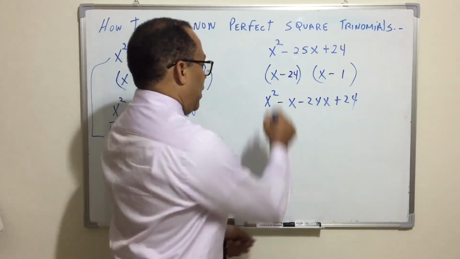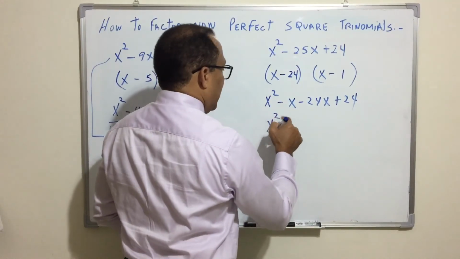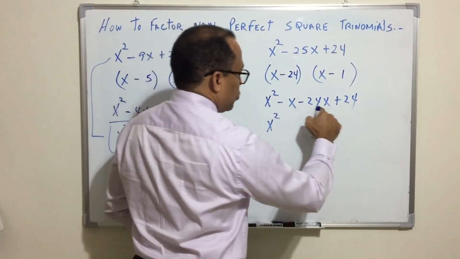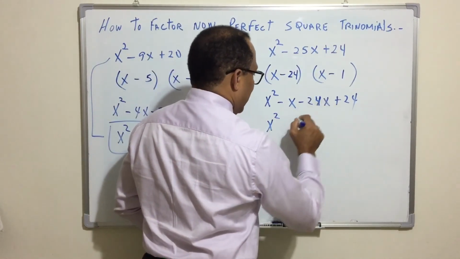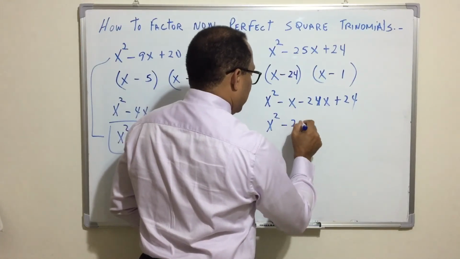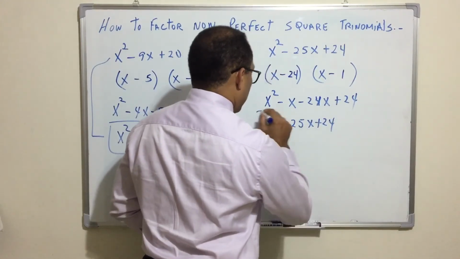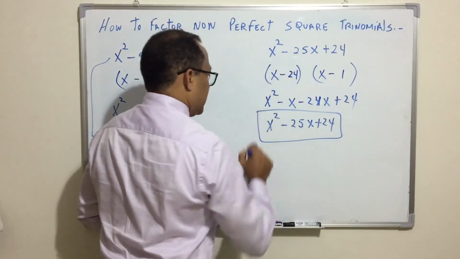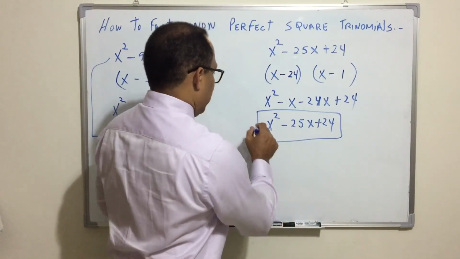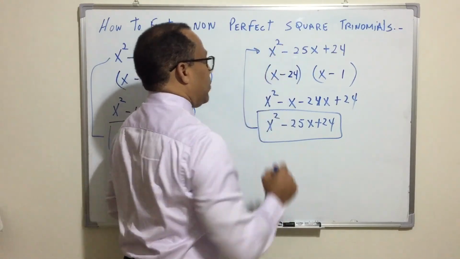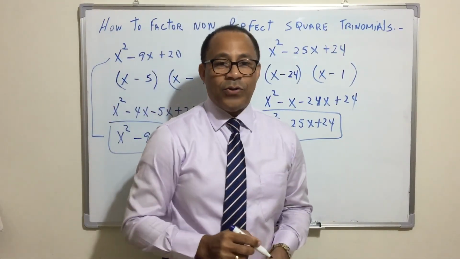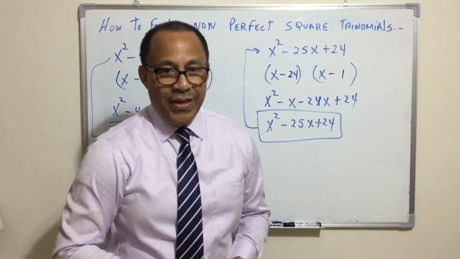Yes, these two. Bring down the x to the second. Negative 1x minus 24x equals negative 25x. And bring down the positive 24. Does this look familiar? Yes, again, here it is. So our factoring is also correct.